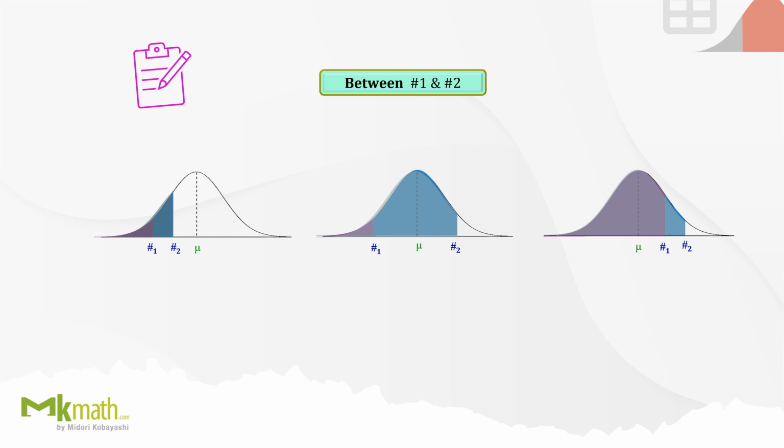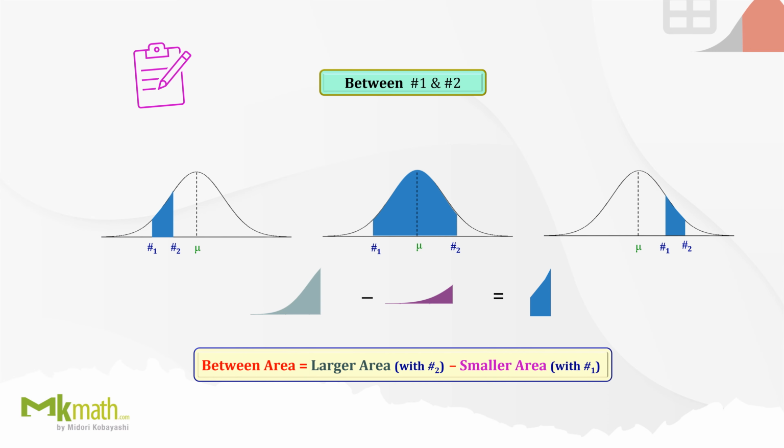If we take away the extra area in purple part from the gray-green area, then we are left with the blue color region, which is our desired area for all three cases. Therefore, we can use this formula to find the area between two values.